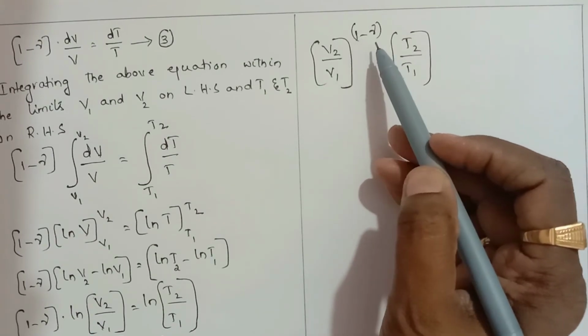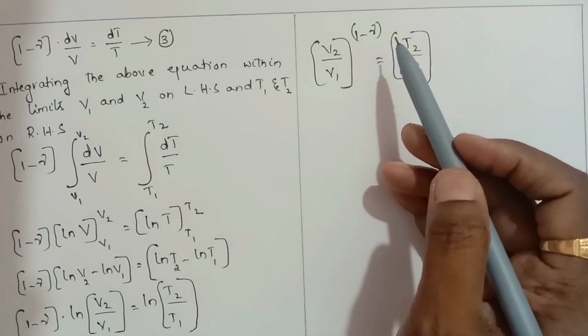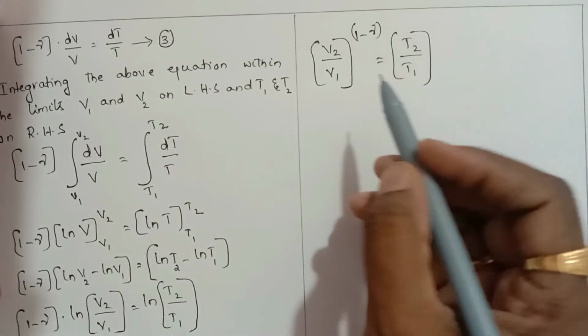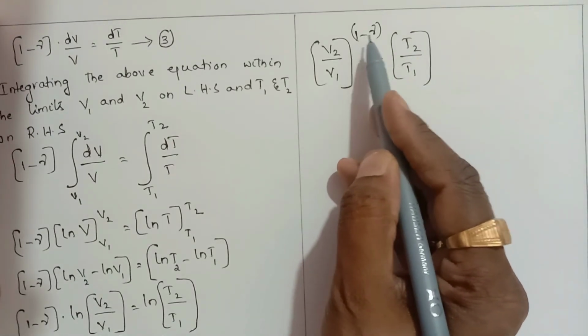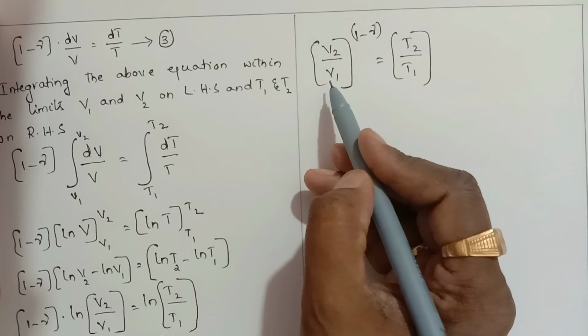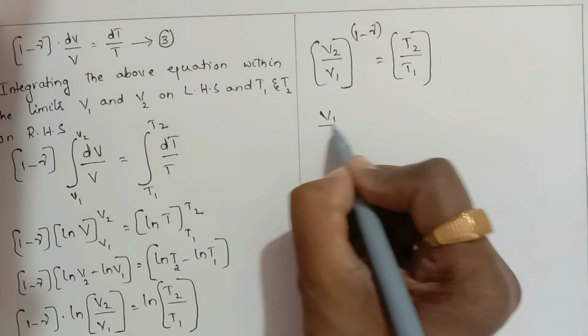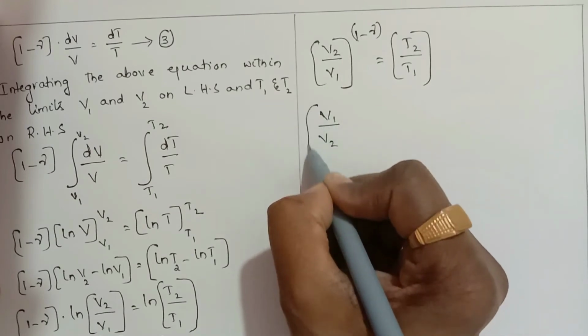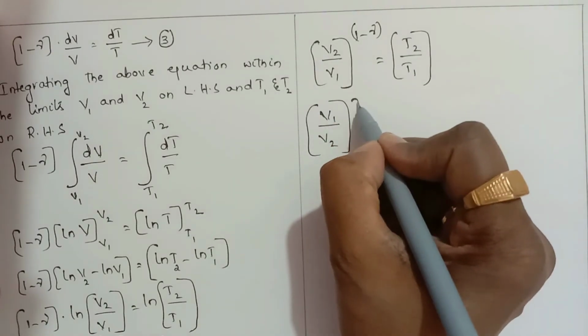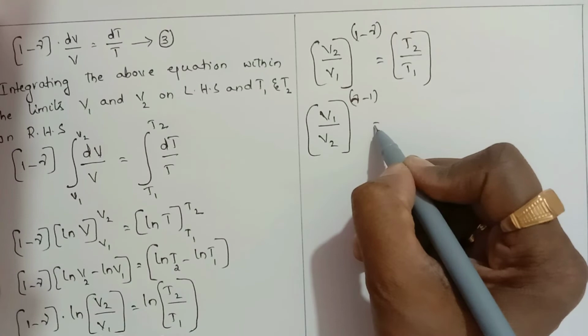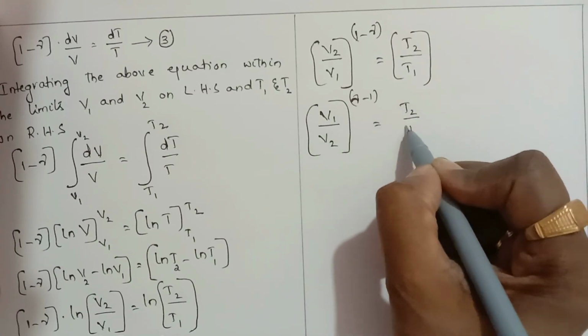I will write this 1 minus gamma as gamma minus 1. To change it to gamma minus 1, this also has to be changed, so V1 by V2 to the power gamma minus 1 is equal to T2 by T1.